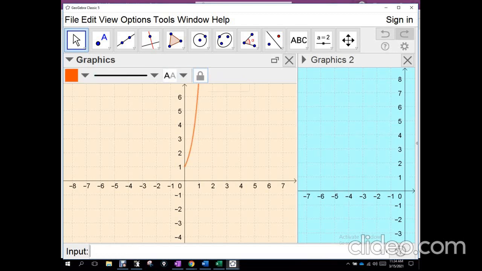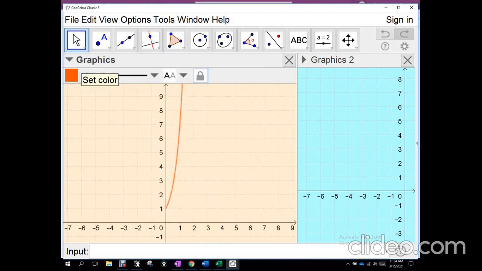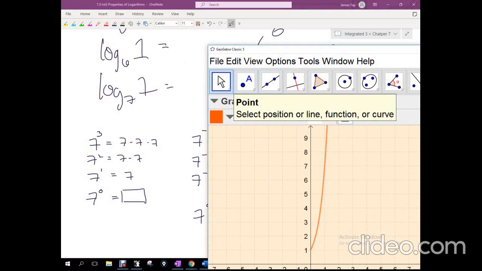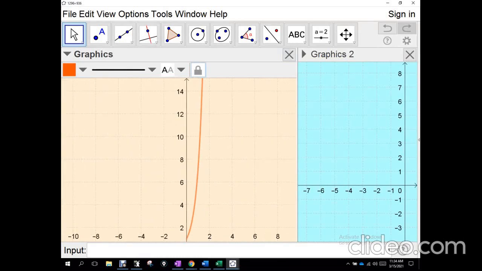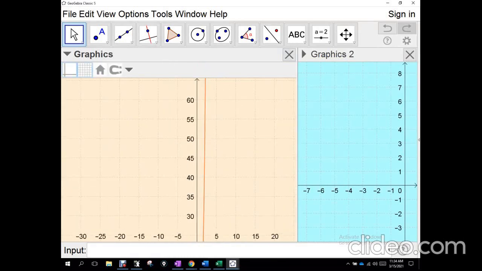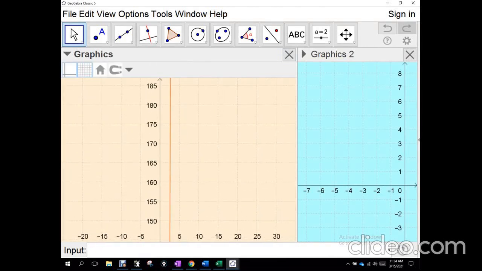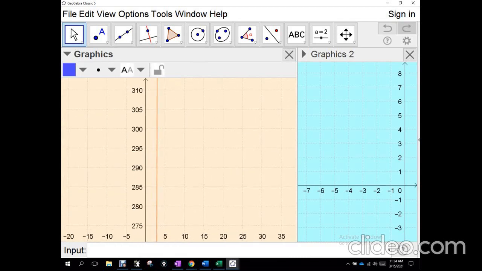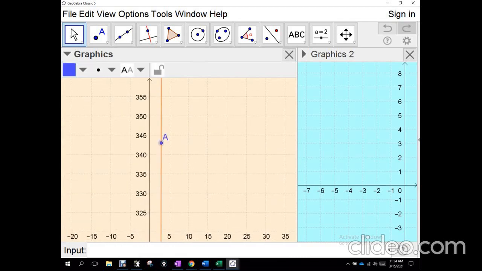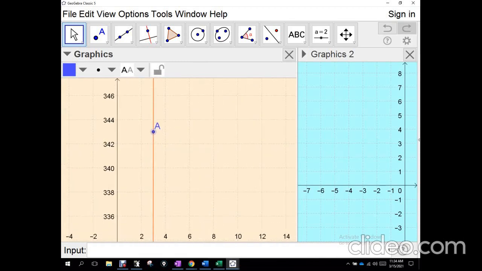So what I've shown you is x being 3, x being 2, x being 1. When x is 3, let's look at the point (3, 343). It would have been easier if I chose a number like 2 for my base. So that point right there is (3, 343), which is 7 to the third.